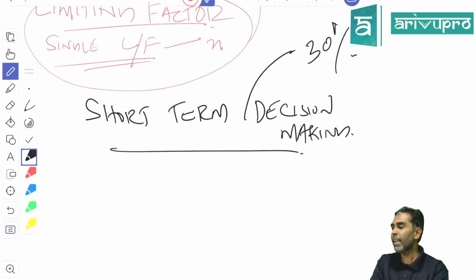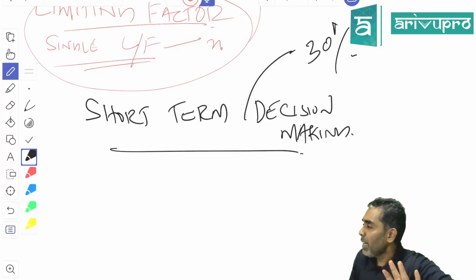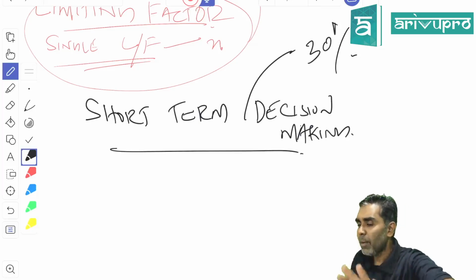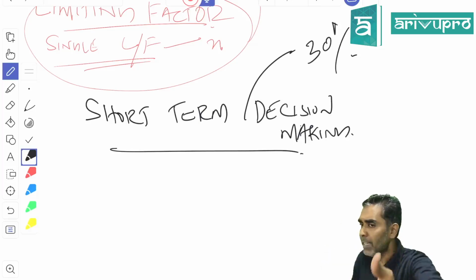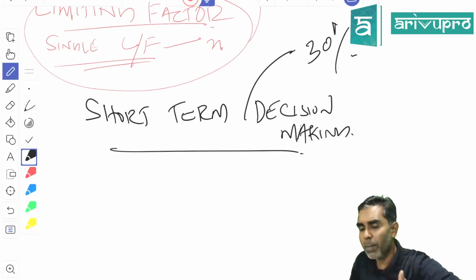Now, small heading, limiting factor. Since I am teaching you the limiting factor now, I won't be teaching it once again when it comes to our syllabus order, where there's a chapter called limiting factor. I won't be teaching that part at that time, since I am teaching it now.